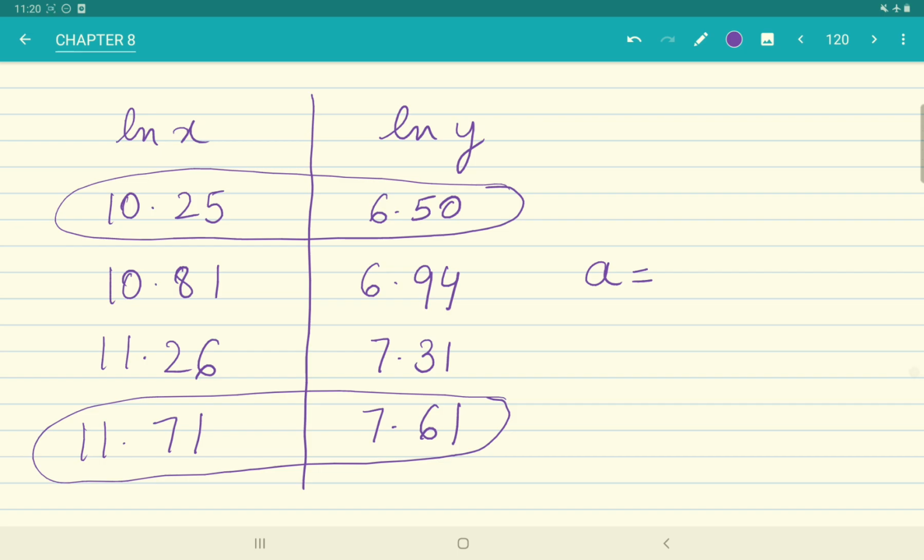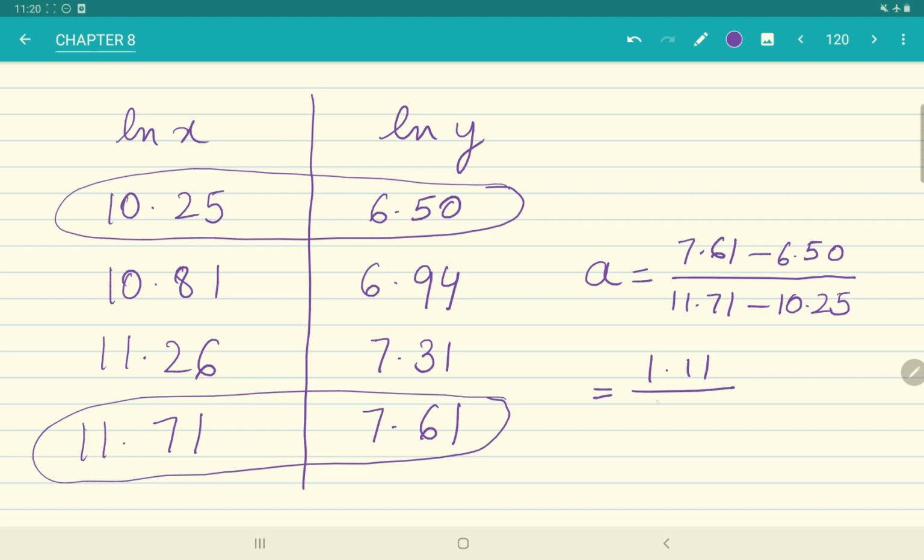So y2 minus y1 would be 7.61 minus 6.50, divided by 11.71 minus 10.25. This is equal to 1.11 divided by 1.46, which turns out to be approximately 0.76, and that means our slope is 0.76.